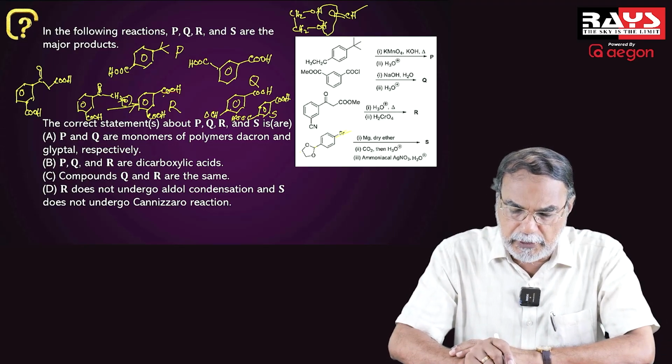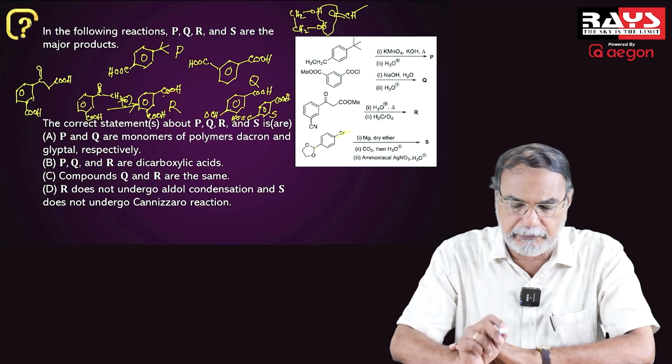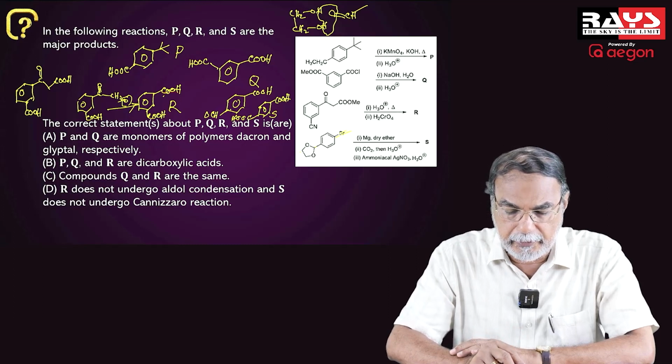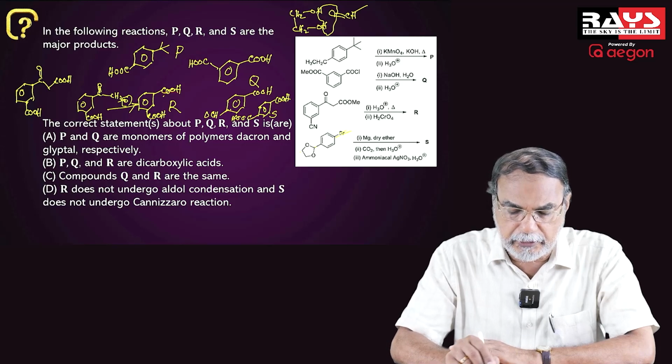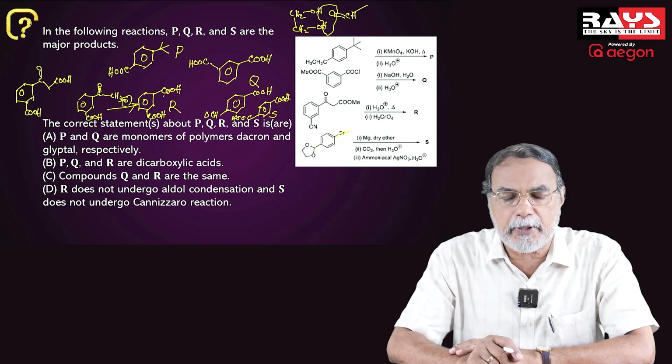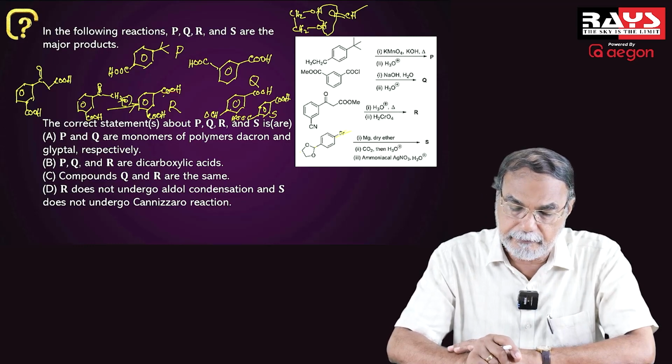P and Q are monomers of polymers Dacron and glyptal respectively. Of course, Dacron is prepared from terephthalic acid.